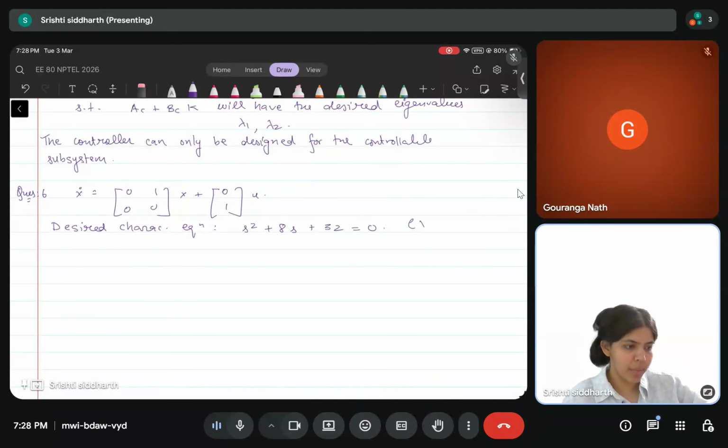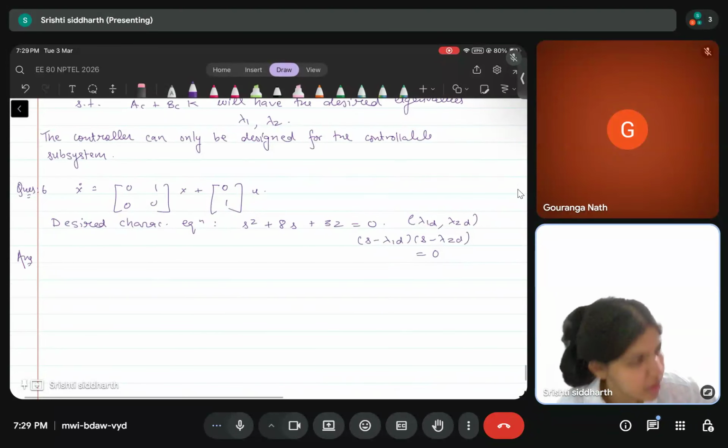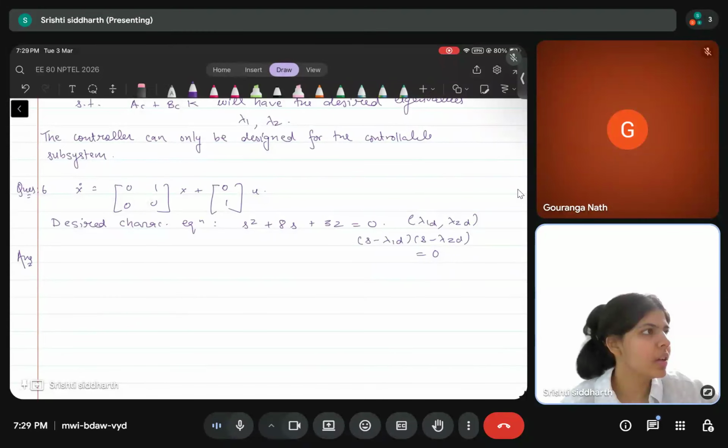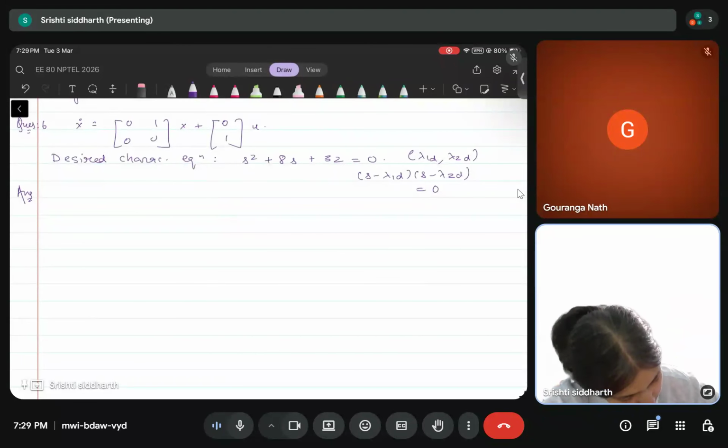So we had some lambda 1 desired and lambda 2 desired, and we computed this. So to use Ackermann's formula, we need the controllability matrix. So let's say this is going to be B, AB.